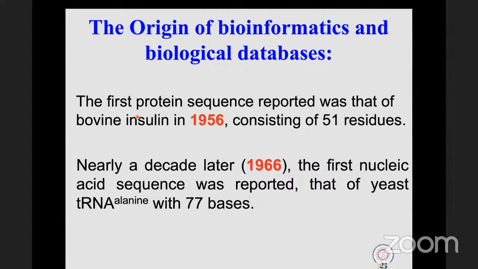So the first protein sequenced was bovine insulin in 1956, and after nearly a decade, the first nucleic acid sequence, of a yeast tRNA, which is 77 base pairs, was sequenced or decoded.